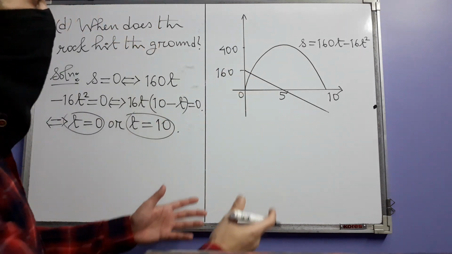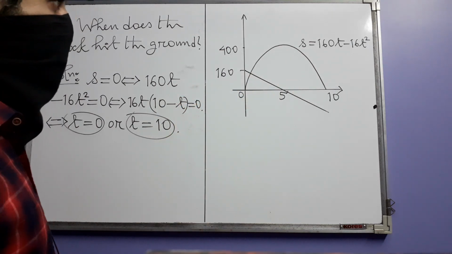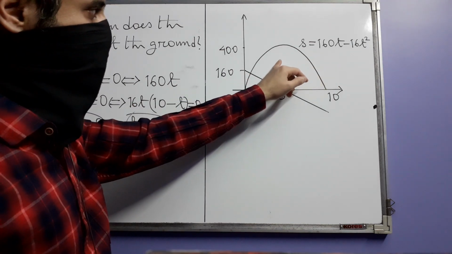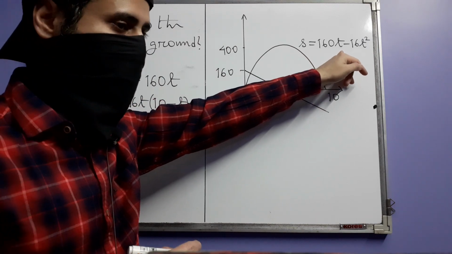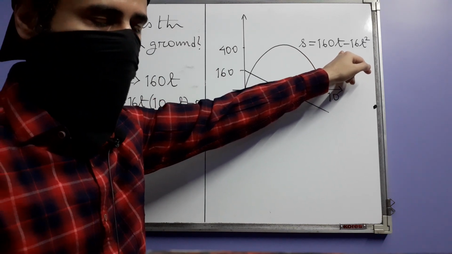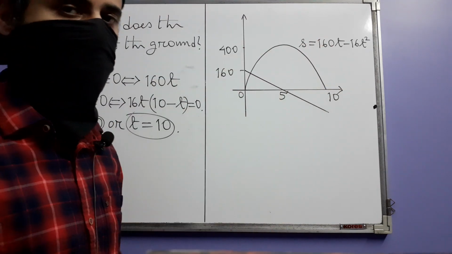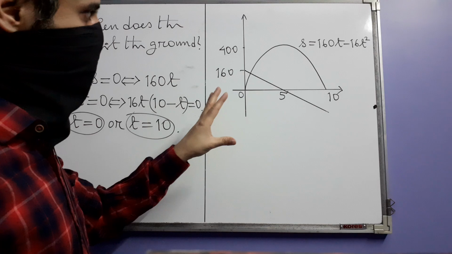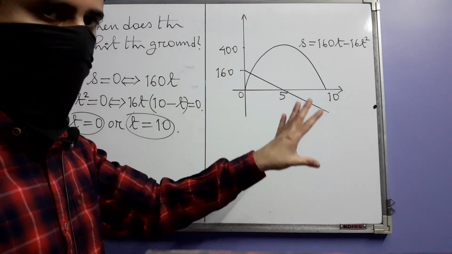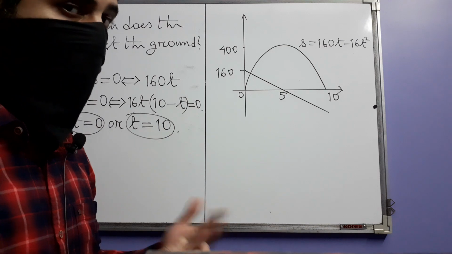You can of course understand that it's not in scale. If you really draw this graph using a graphing facility, say Desmos graphing calculator, it becomes really high due to this 160. But just to show it clearly, the authors also in the book have drawn it like this, out of scale.